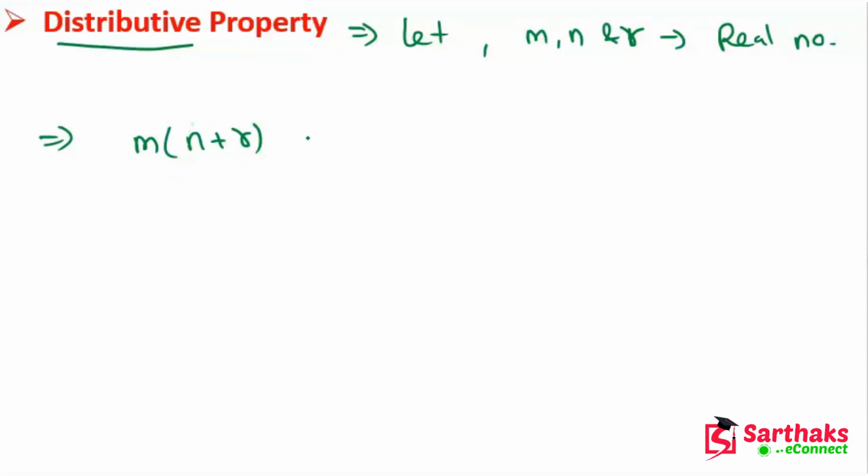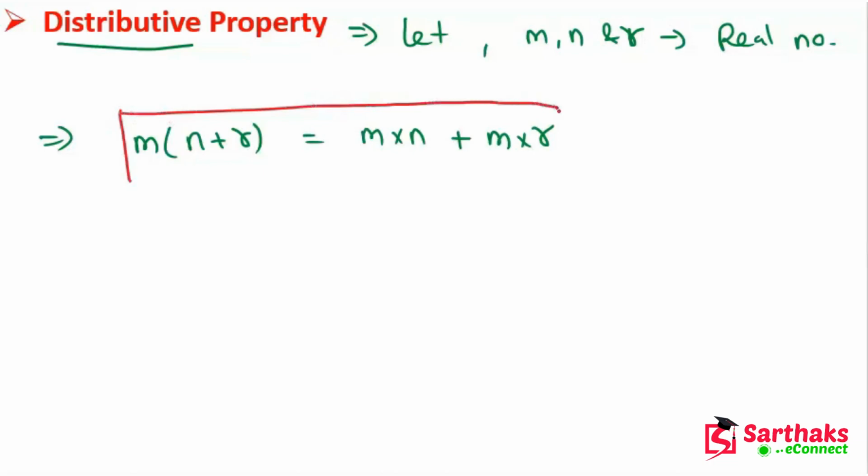We can write it as m into n plus m into r. So now we are distributing the m over n and over r. I hope you get this point.